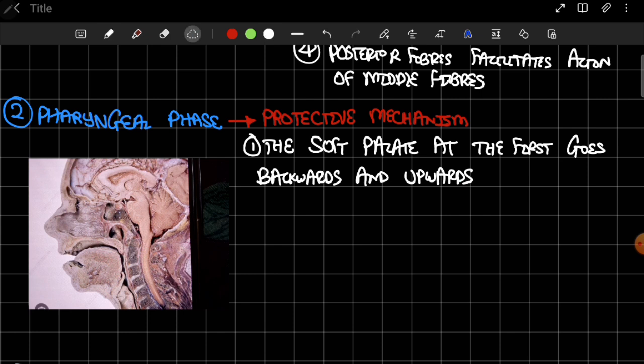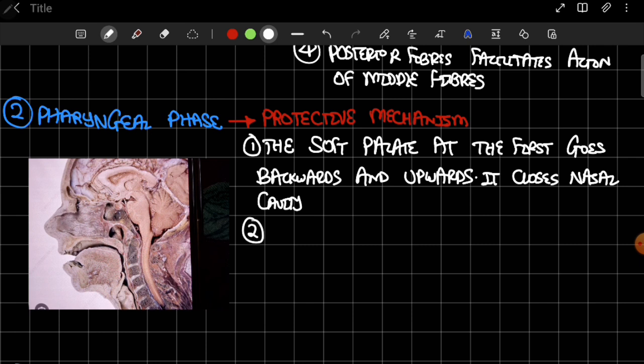So the movement is like it goes backwards and then upwards. So what does it do? It closes the nasal cavity. So this is one protective mechanism where the soft palate is in action.